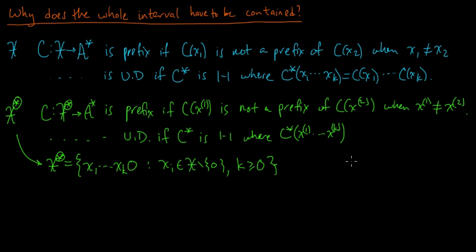So for example, this might be 2, 1, 0, and then 1, 2, 1, 0, and so forth, where 0 is the end of file thing. So this would be the second thing in the sequence. And then you might have another one, 1, 1, 2, 3, 0, or something, if 3 was in your alphabet.